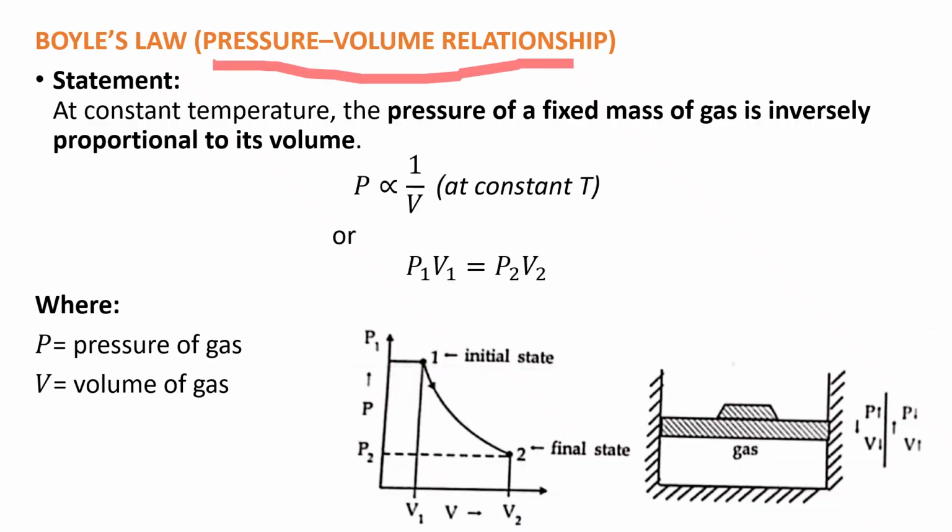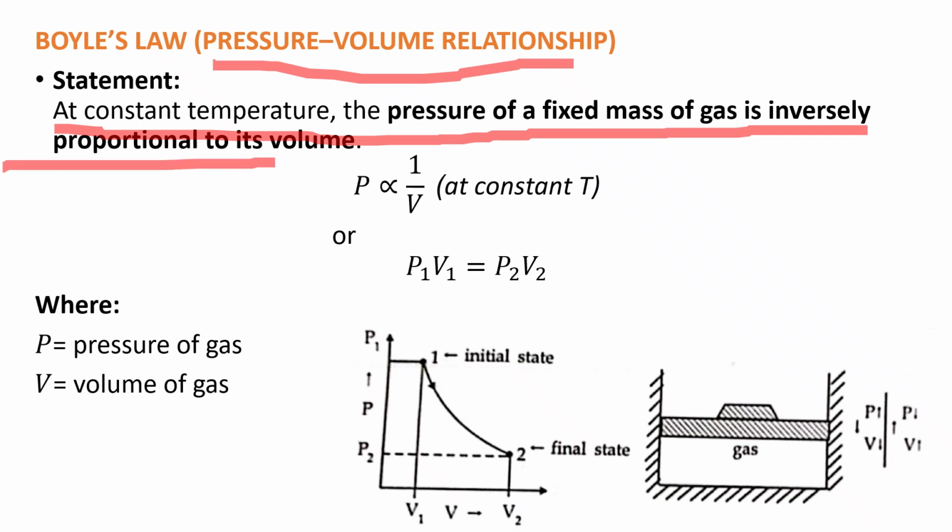It tells that at constant temperature, the pressure of a fixed mass of gas is inversely proportional to volume. So P is inversely proportional to V, or P1 V1 equals P2 V2 at constant temperature, where P is the pressure of the gas and V is the volume of the gas.